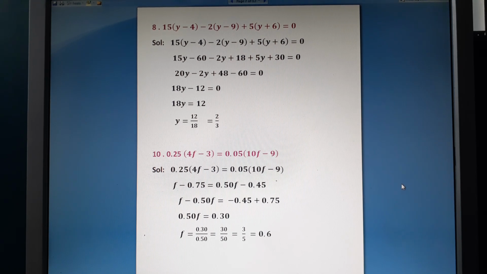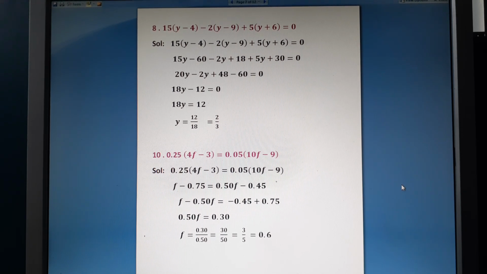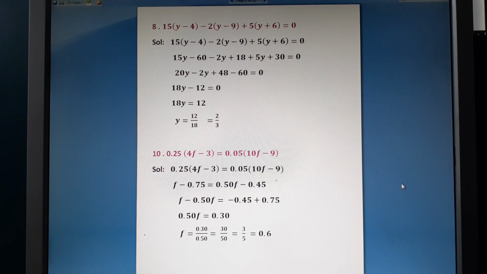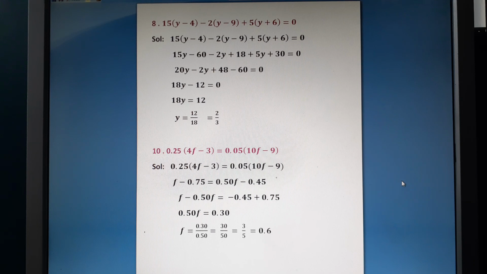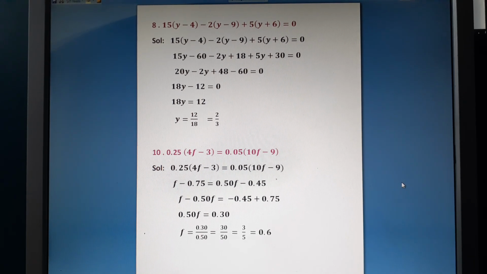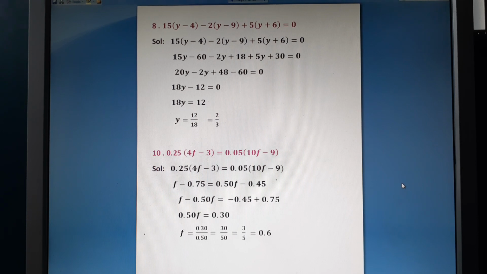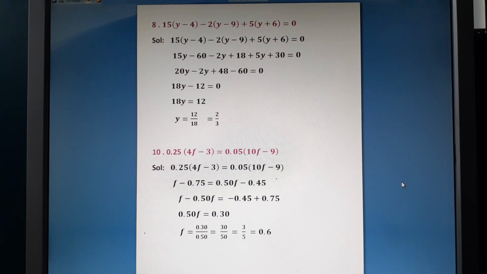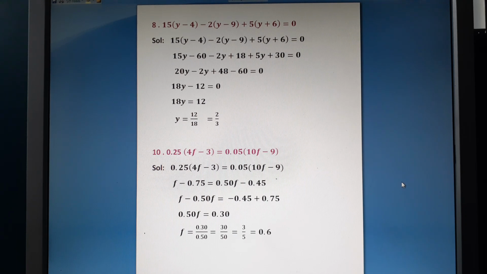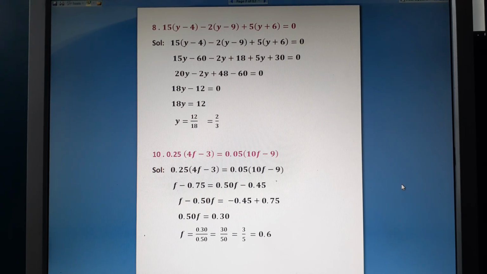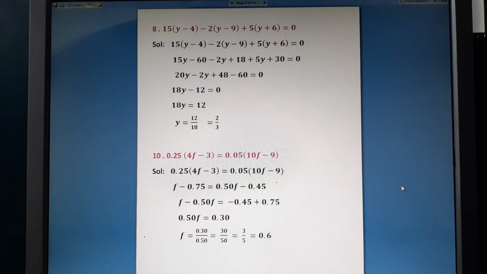Solution. 0.25(4f − 3) = 0.05(10f − 9). 0.25 into 4f is equal to 1f, that is equal to f. 0.25 into minus 3 is equal to minus 0.75. 0.05 into 10f is 0.50f. 0.05 into minus 9 is minus 0.45.